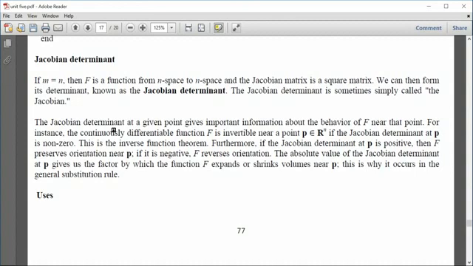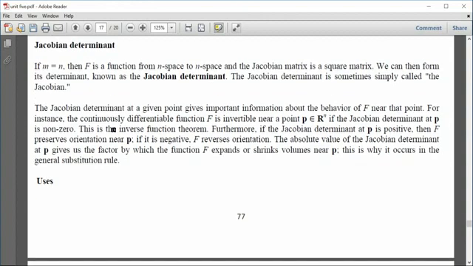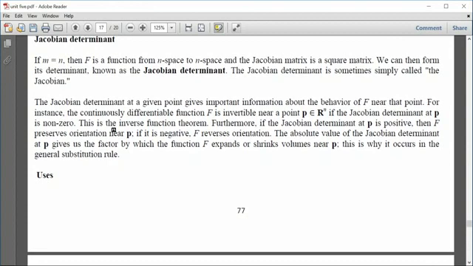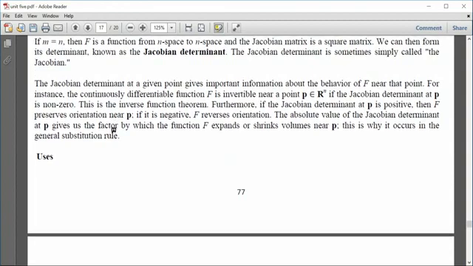We can then form its determinant, known as the Jacobian determinant, and this one is sometimes called the Jacobian. The Jacobian determinant at a given point gives important information about the behavior of f near that point. For instance, the continuously differentiable function f is invertible near a point P in Rn.